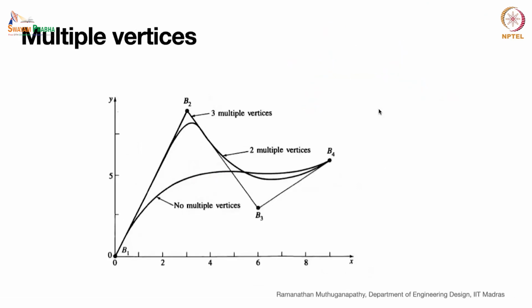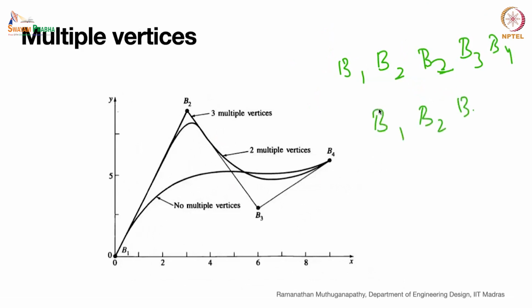You can put multiple vertices. Like in this case, the control points are B1, B2, again B2, you repeat that point, and then B3, and then B4. In the normal case, this is only B1, B2, B3, B4. Here you add one more point, but repeat the same point again. Now the curve gets pulled towards that control point.